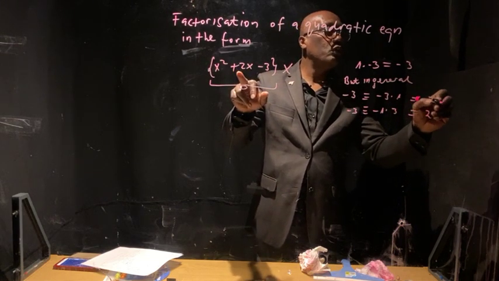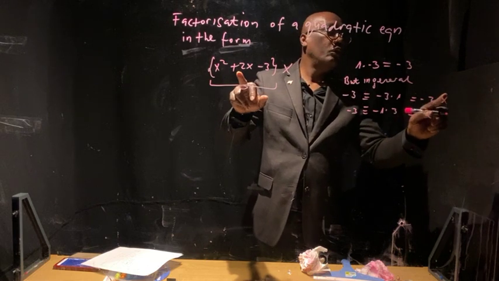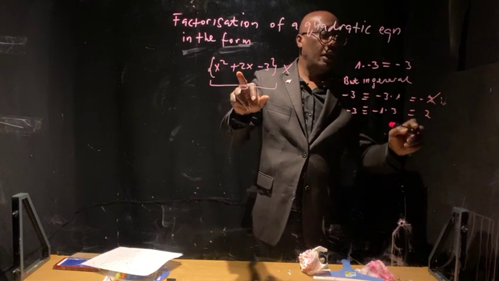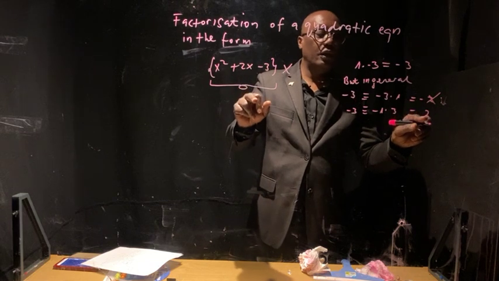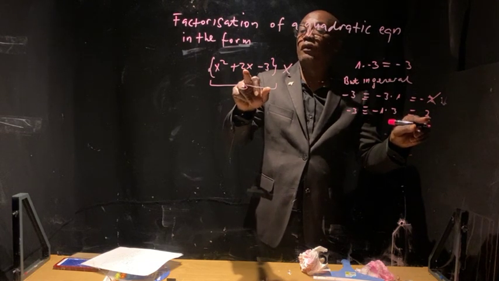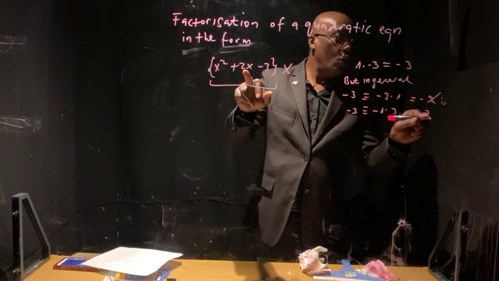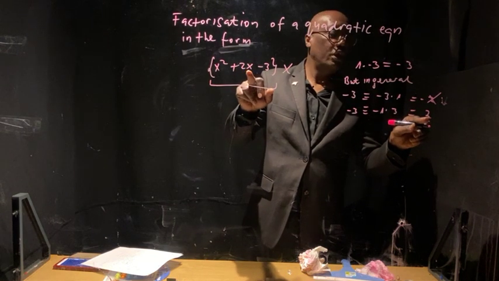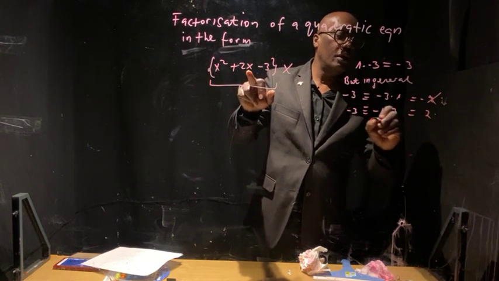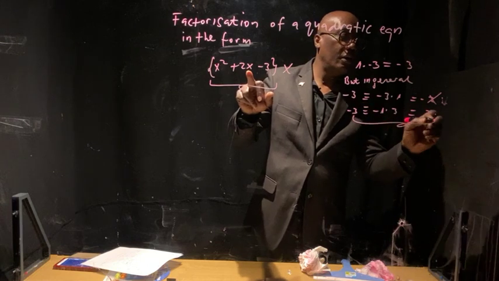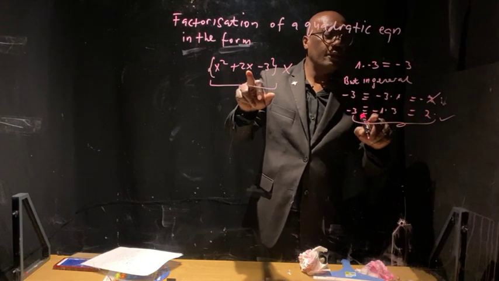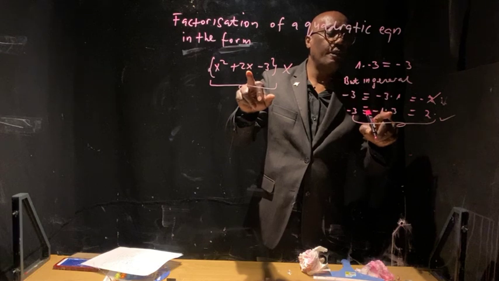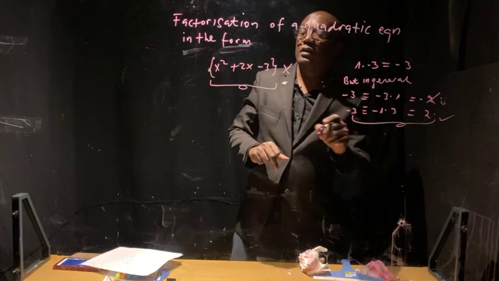Therefore, I rule this one out. Is this 2 the coefficient of x plus 2? Oh yes, this is plus 2. The coefficient of x is also plus 2. Therefore, this is correct. In that case, minus 1 and plus 3 are the factors.